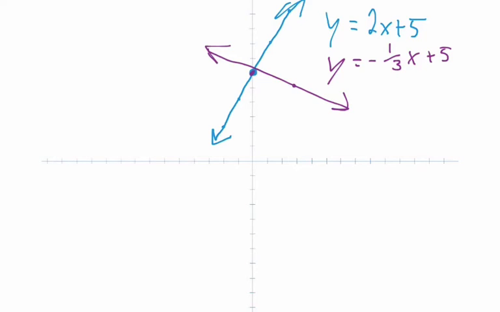How are they the same? Anybody? Cross 5. Same y-intercept. They both cross at 5. How are they different?